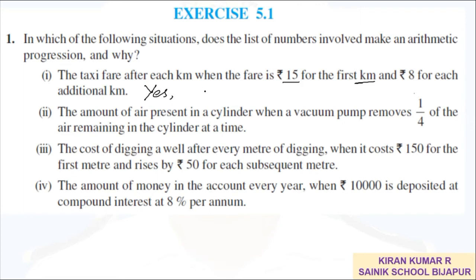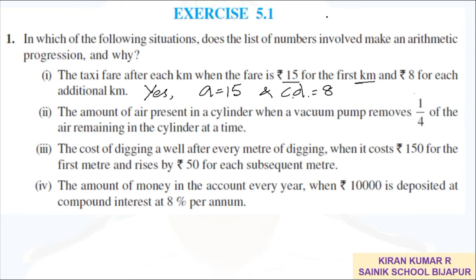The reason is the first term I'll consider as 15, so it is 15 rupees for the first kilometer, and here the common difference I would consider as 8. Suppose 2 kilometers are the total distance traveled, then the taxi fare would become 15 plus 8, which is 23.